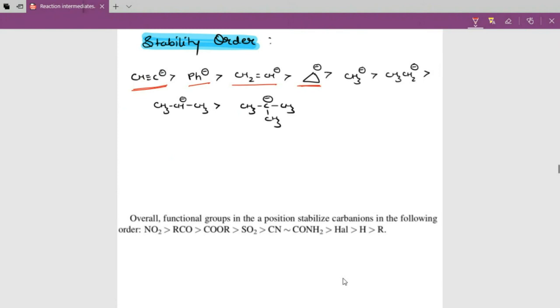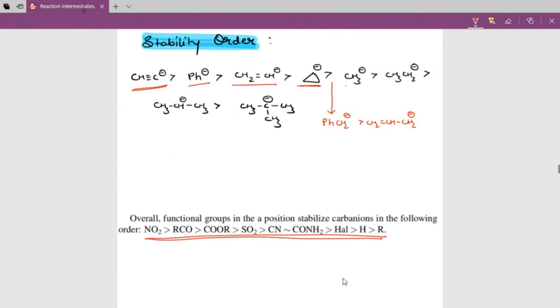These are all very stable carbanions. And then here you could have a resonance one, that is PhCH2 minus, then CH2 double bond CH single bond CH2 minus. Then comes all these: methyl, then ethyl, isopropyl, and tert-butyl. Okay. Presence of these groups in decreasing order stabilizes the carbanion.